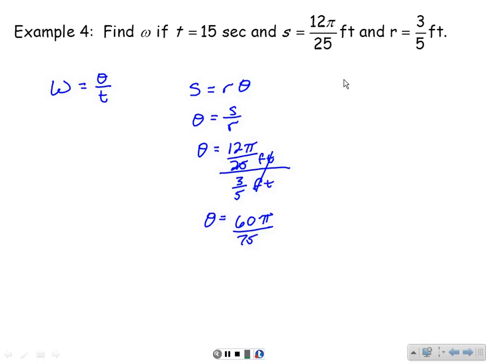Let's put that in our calculator. 60 over 75 is going to be, so theta is going to be 4/5 pi. 4/5 pi. And I mean, you can change it to a decimal and get 0.8, but I don't want to do that.